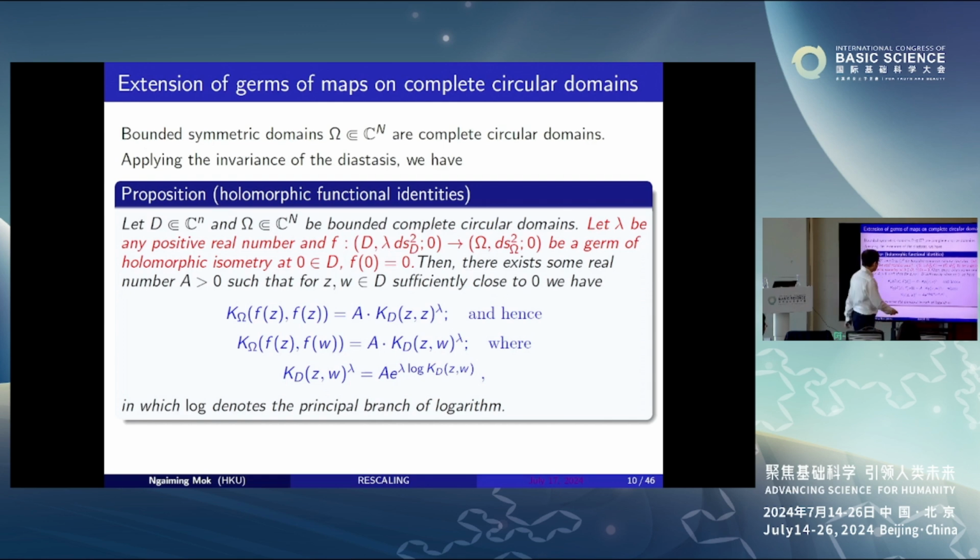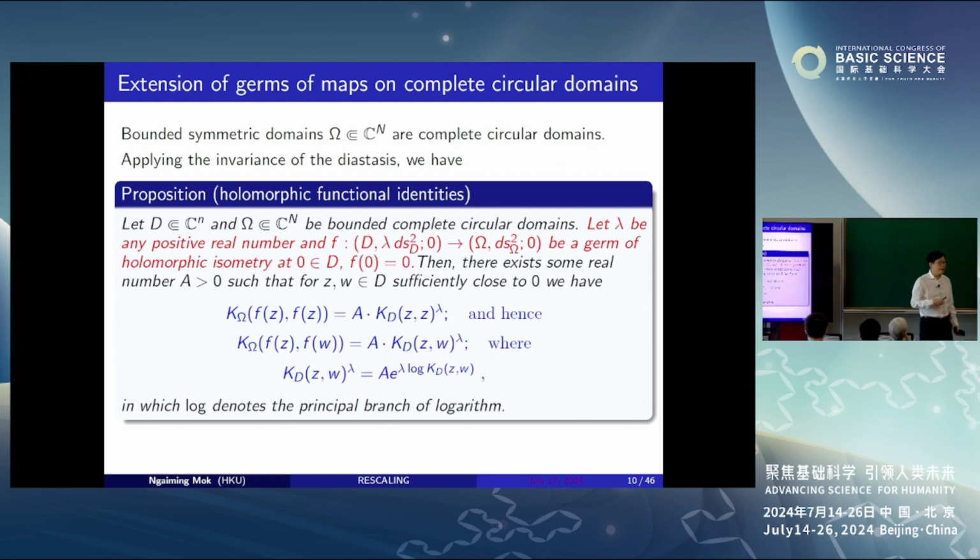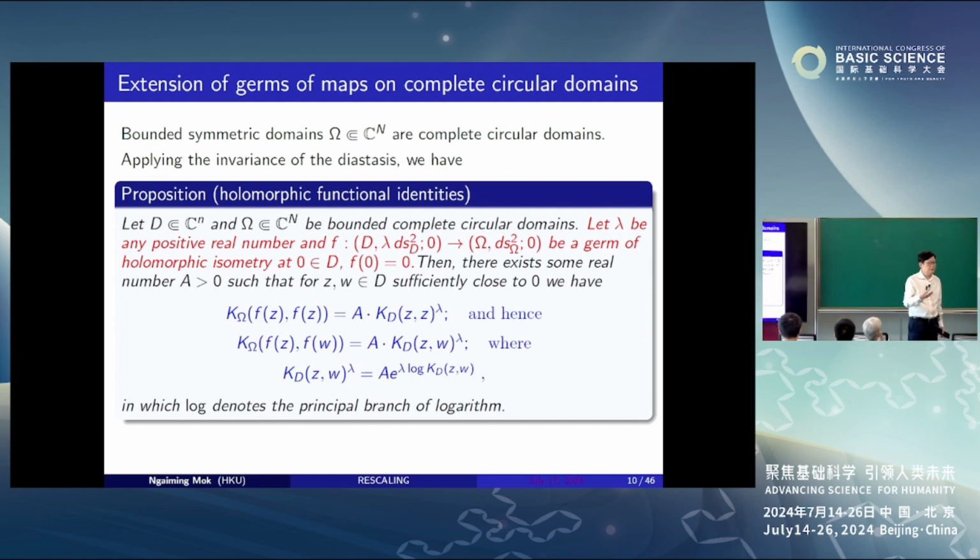So you have to raise things to the power lambda. So a priori, even if K is rational, this is not a rational equation, or not an algebraic equation, because lambda is real. However, when you're on a circular domain, you can extend a little beyond the boundary by shrinking one variable and extending the other variable. And therefore, this implies lambda is rational. The rationality says that this equation would be algebraic, provided that the two Bergman kernels are algebraic.